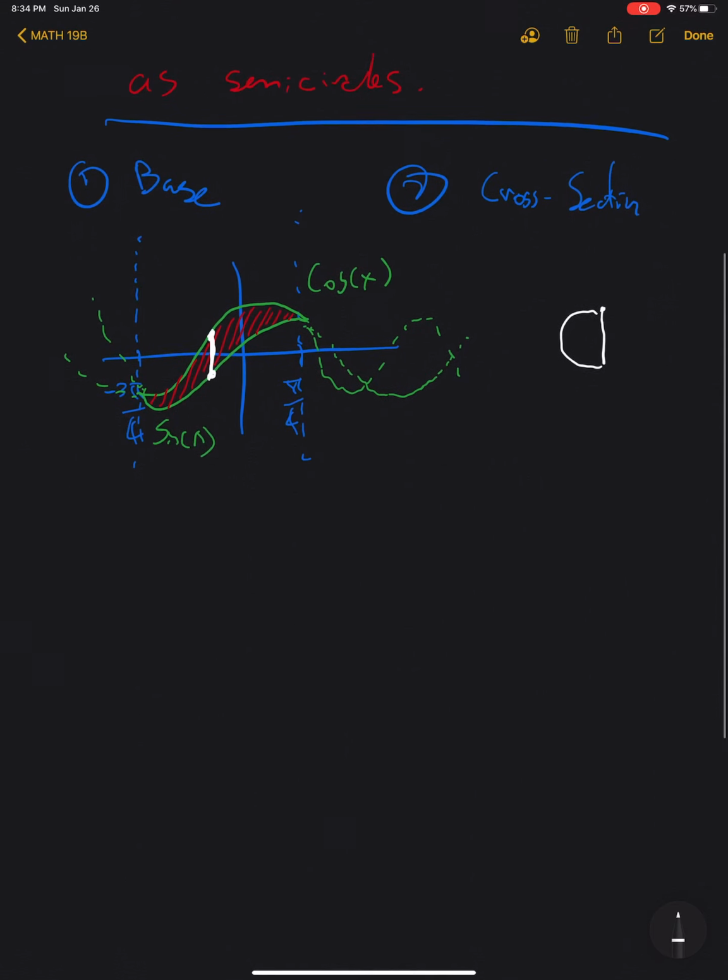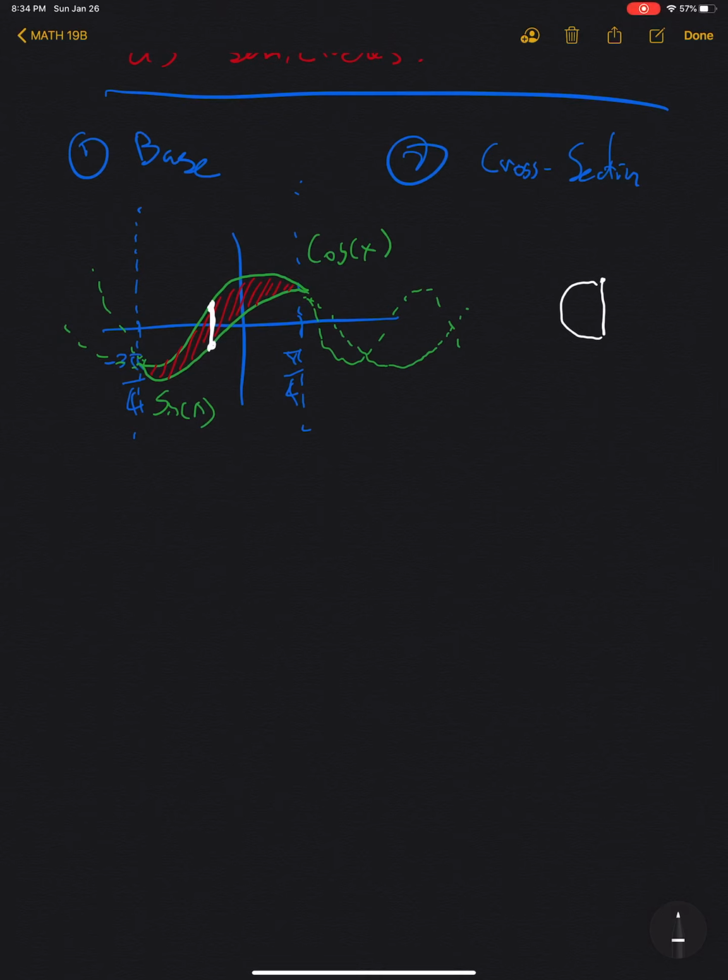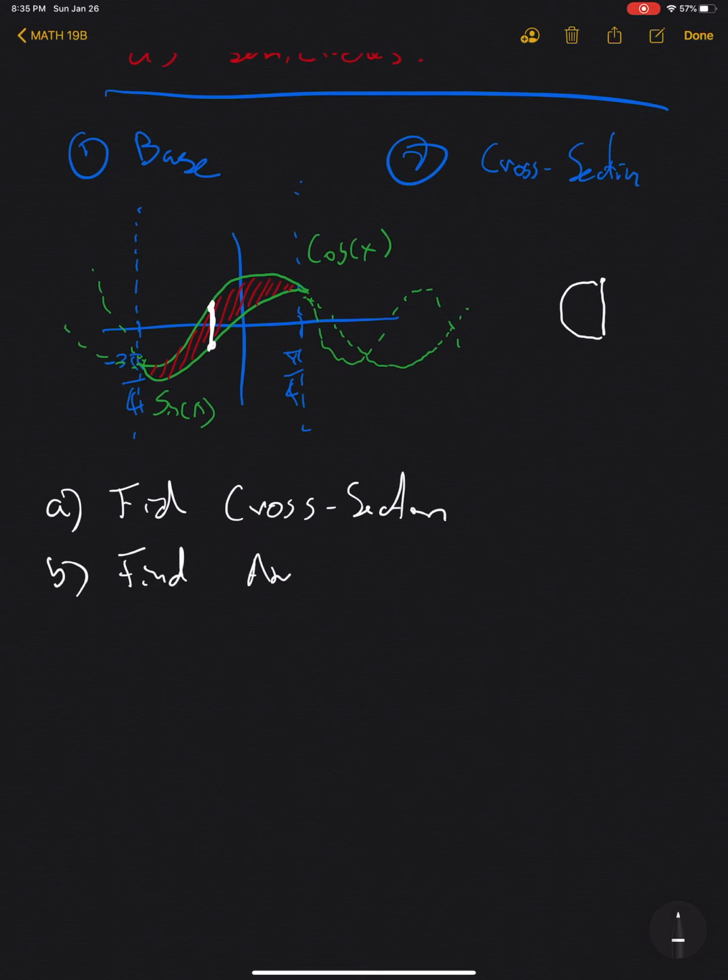So now we can pursue the strategy that we had before. We want to find the shape of the cross section. We want to find the volume by finding the area of this cross section. And then finally, we just write down the integral corresponding to this volume.